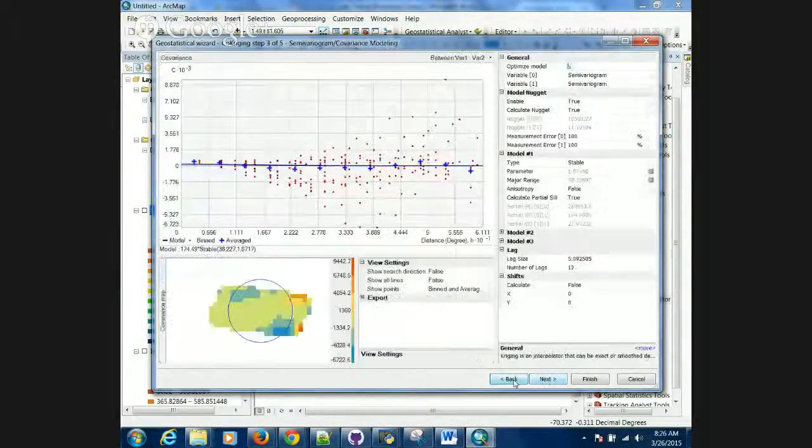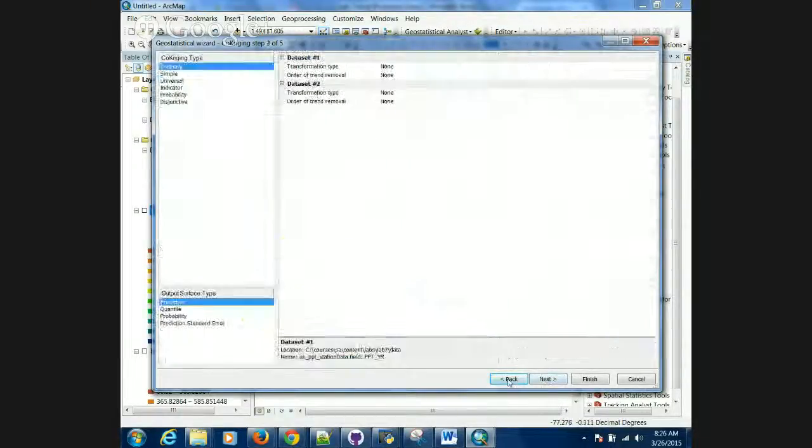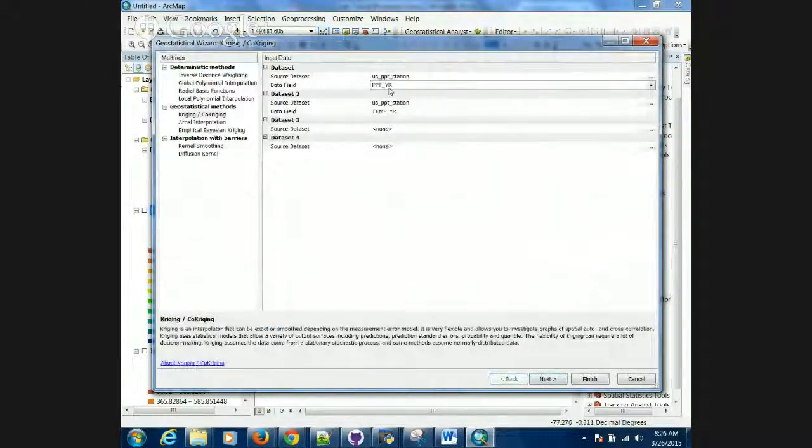Which data set are you analyzing? I'm using both precipitation and temperature to predict these data sets. So I'm predicting precipitation by using both precipitation and temperature.